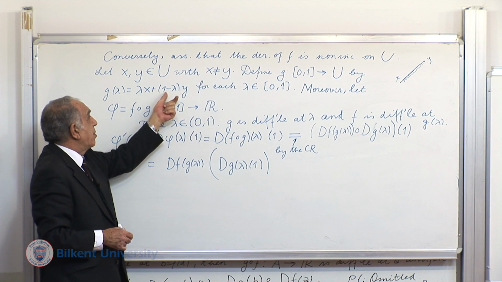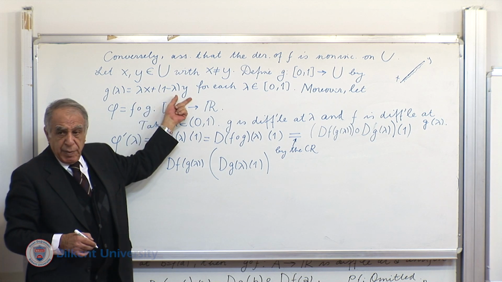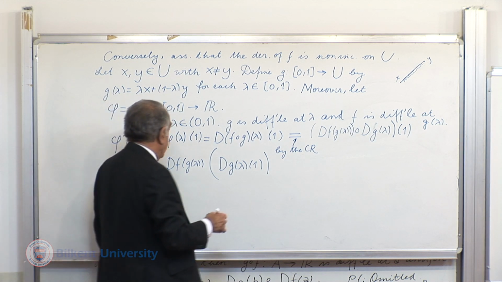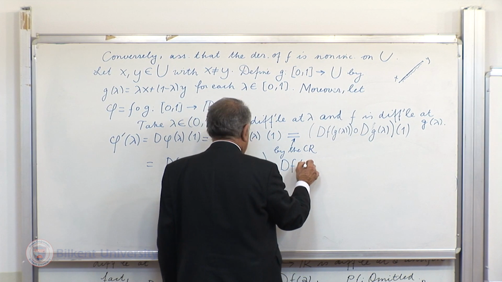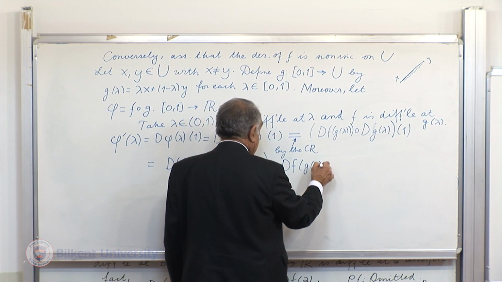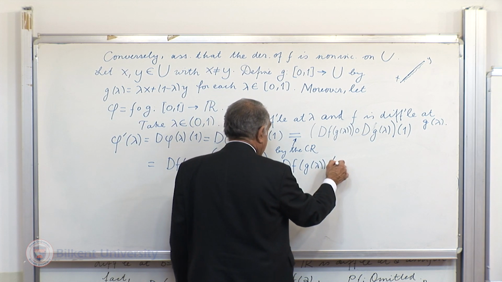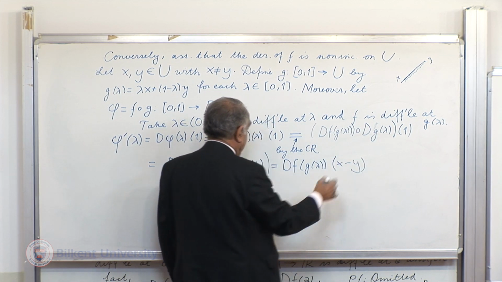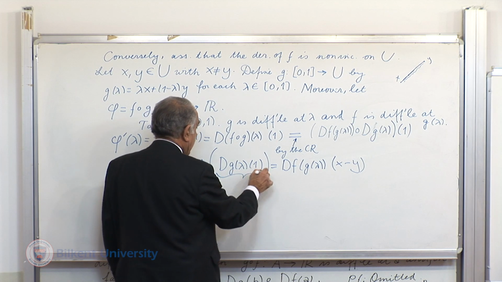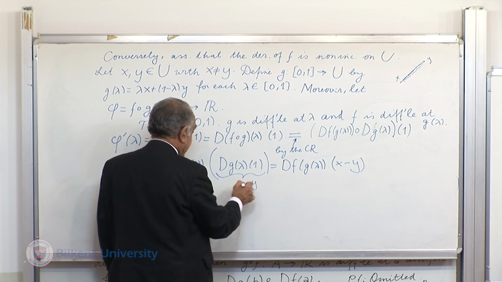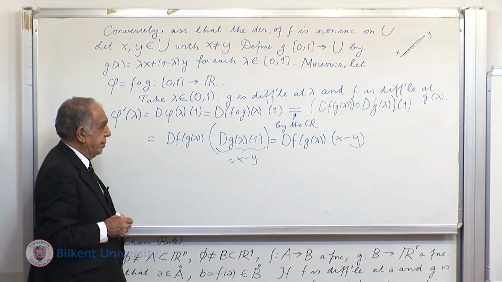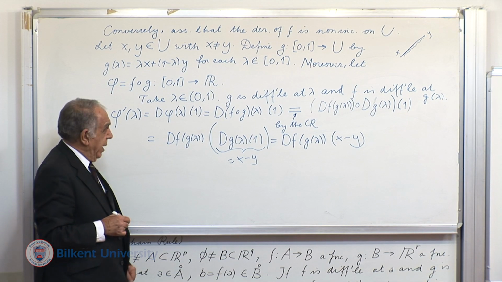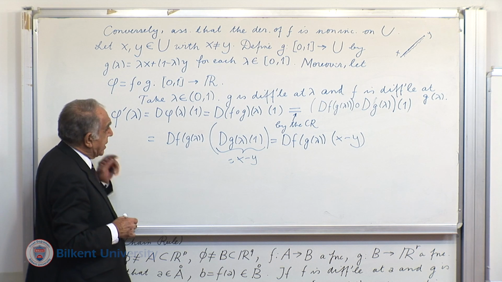These are vectors, but that will be just x minus y. So this is just df at g lambda evaluated at x minus y. Okay, now let's keep this.